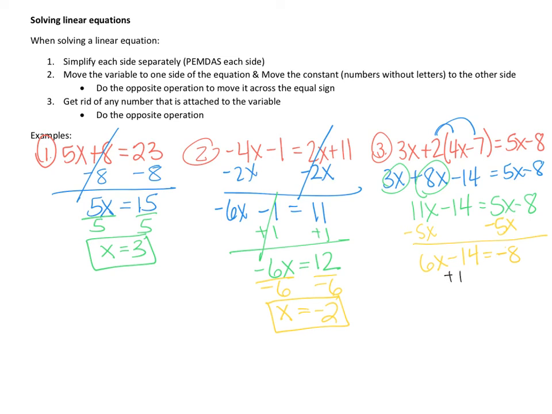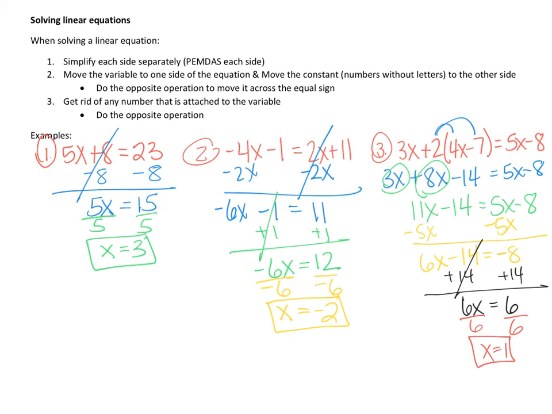I'm going to add 14 to both sides. Doing that's going to cancel off that 14. Leaves me with 6x equals 6. One last step, get rid of that 6. So I'm going to divide by that 6, and I'm going to get x to equal 1.